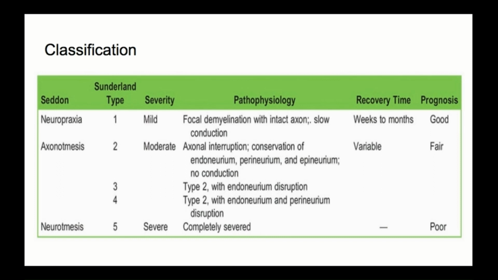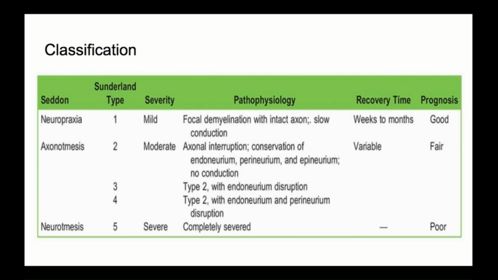Axonotmesis is when there's loss of axonal continuity, but there's conservation of the endoneurium, perineurium, and epineurium. However, Sunderland further divides it into 2, 3, and 4, depending on the involvement of the other architecture. So, for example, for Sunderland type 2, there's interruption of the axon.